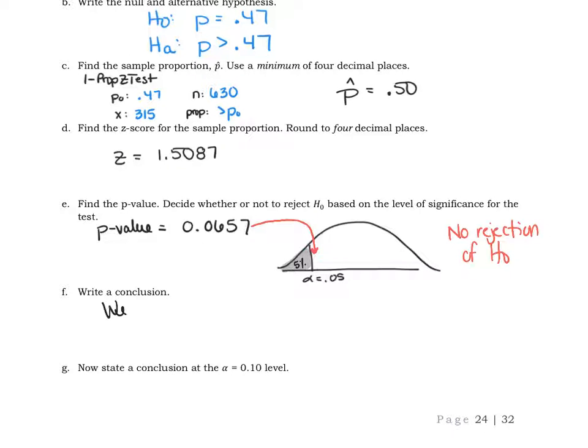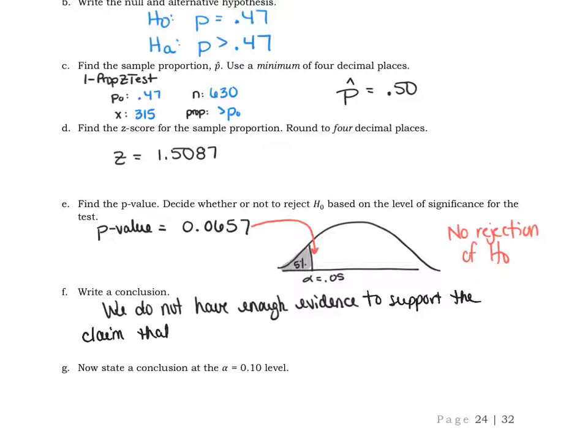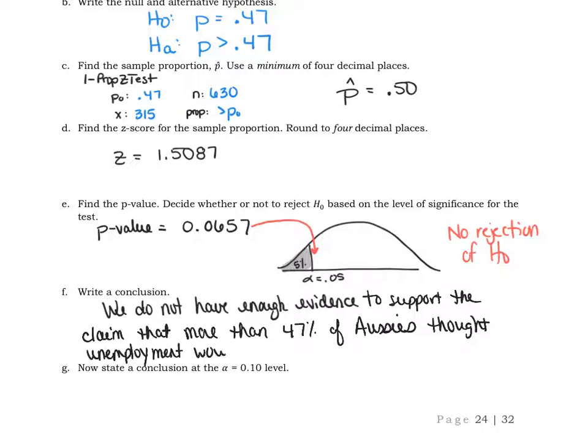Well, we say we do not have enough evidence to support the claim that more than 47% of Australians, I'm going to say Aussies because it's faster, thought unemployment would increase.